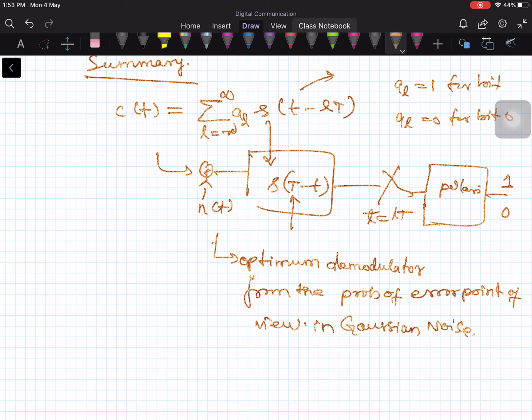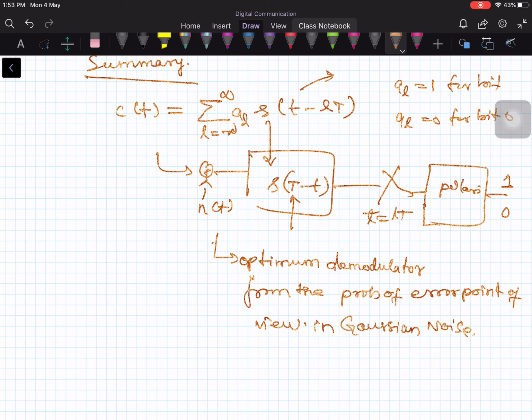So I have discussed one basic realization for antipodal signaling, which is essentially that each incoming pulse is matched filtered and its polarity is detected at the sampling instant, and that's what the optimum demodulator turns out to be. And if you want you can show that this demodulation scheme is optimum from the probability of error point of view in the presence of Gaussian noise.